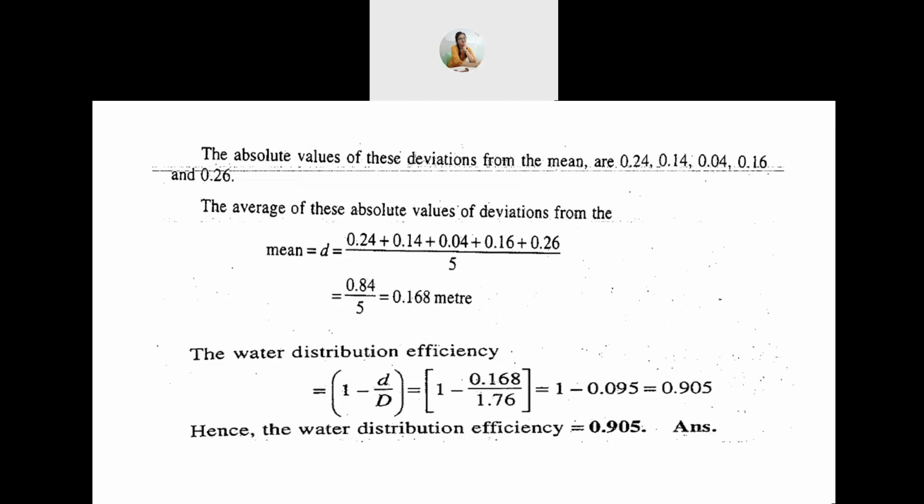Now, the water distribution efficiency, whose formula is 1 minus small d by capital D, is equal to 1 minus 0.168 meters divided by capital D, which is 1.76 meters. By computing, we found the answer is 0.905. And the water distribution efficiency is found to be 0.905.